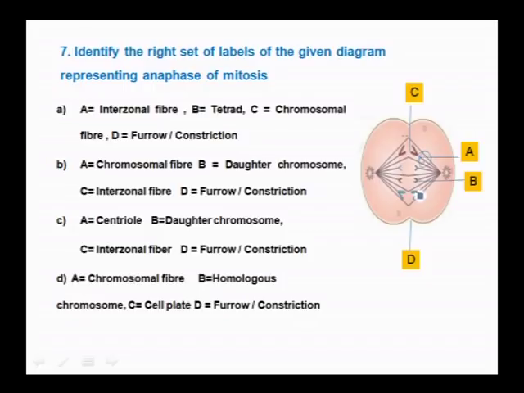Label B is indicating the daughter chromosomes. Label C is indicating the fibers formed between the daughter chromosomes. They are referred to as interzonal fibers, which push the daughter chromosomes apart. And D is the furrow of constriction, or the initiation of cytokinesis. The right option for this question is B.